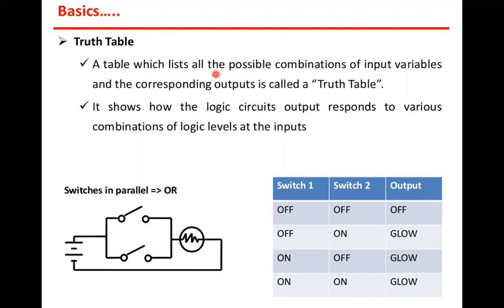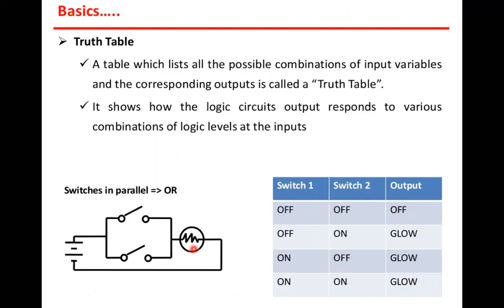Now, let's take an example: two switches in parallel. This is one switch and this is another switch, and these two switches are in parallel mode. We have given a source to this, and here we have put an LED at the output.